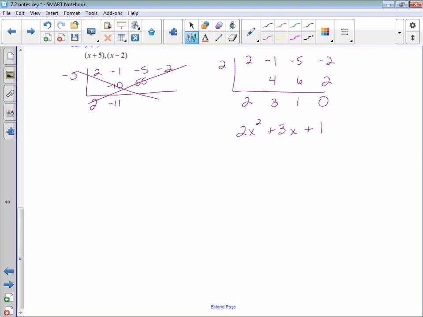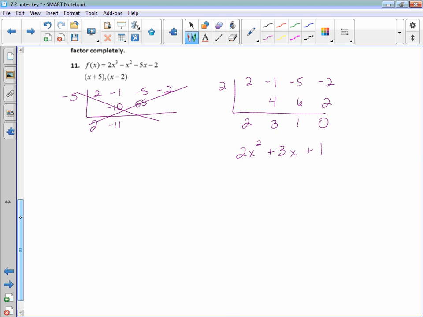So you should end up with 2x squared plus 3x plus 1. And then we get to factor that. I don't care, grouping, guess and check, whatever you want to do. Just make sure you can factor. And if you really struggle with factoring when there's a leading coefficient, you should probably come into Warhawk time a few times and do some practice with factoring to make sure you're okay with it.